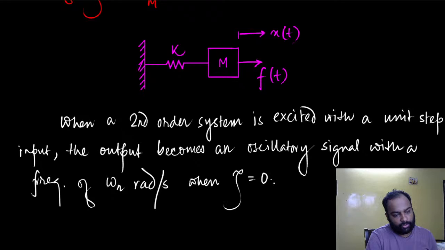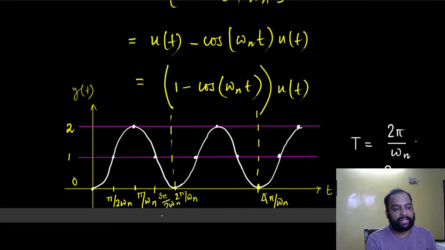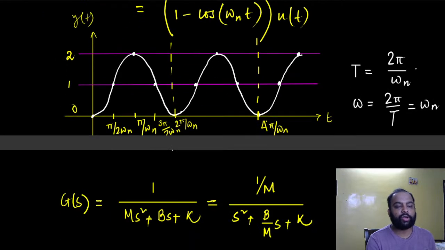Second, when zeta is equal to 0. Now try to understand the mathematics behind this. When zeta is equal to 0, the response of the system never decays, right? It stays oscillatory forever, because the damping term is responsible for spending the energy contained within the system.